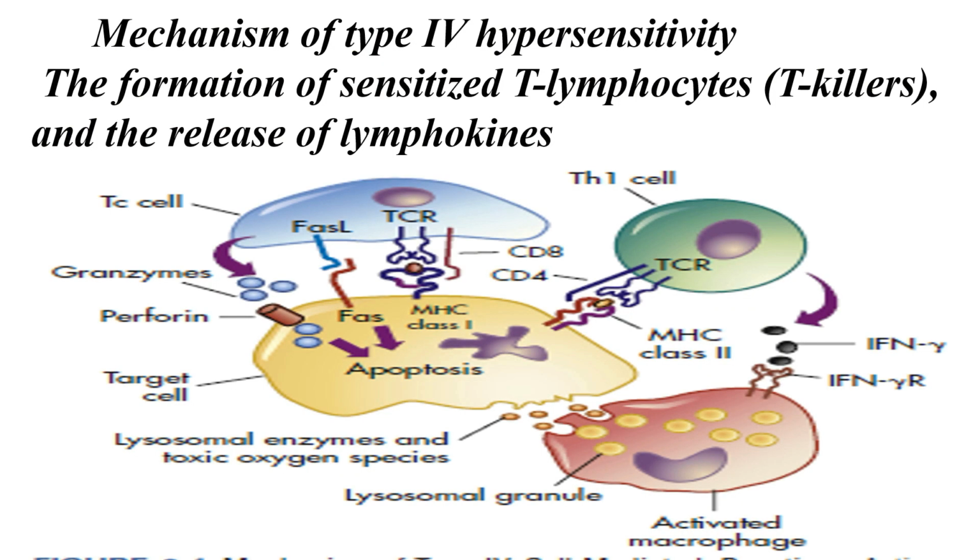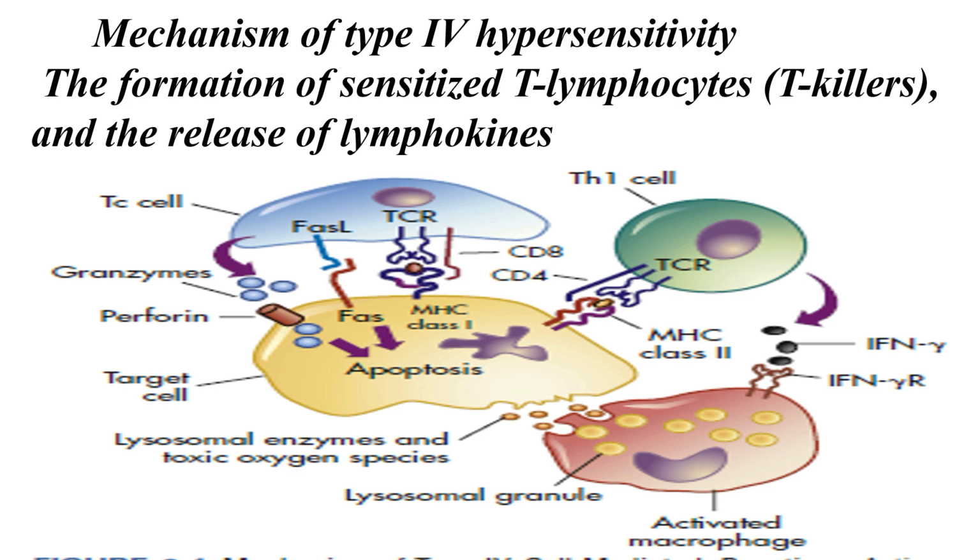And next, the mechanism of type 4 hypersensitive reaction: the formation of sensitized T lymphocytes or T killers, and the release of lymphokines. Antigen from the target cell stimulates T cells to differentiate into cytotoxic T cells, which have direct cytotoxic activity, and T helper 1 cells involved in delayed hypersensitivity.